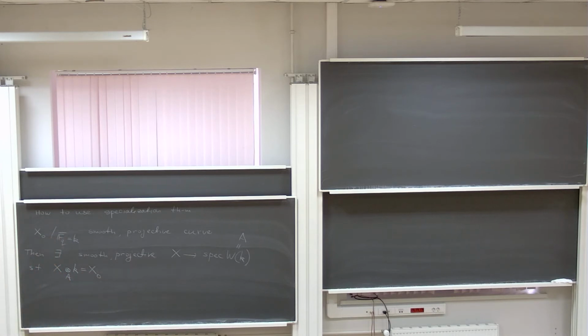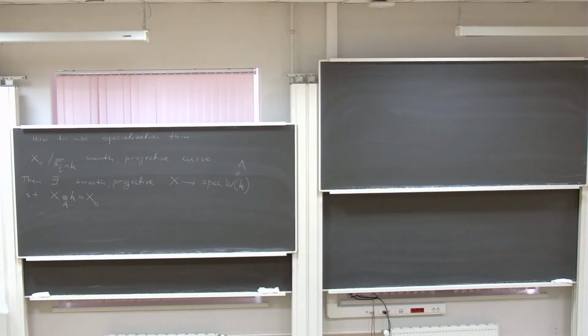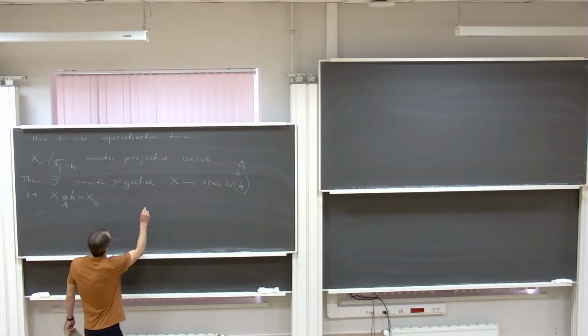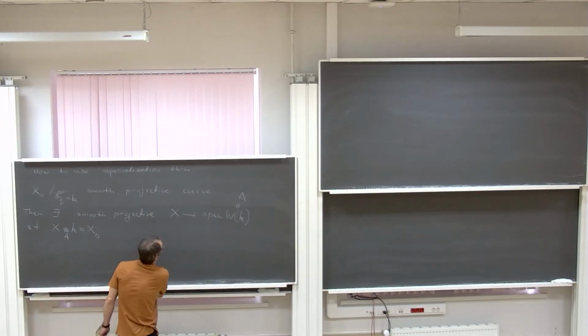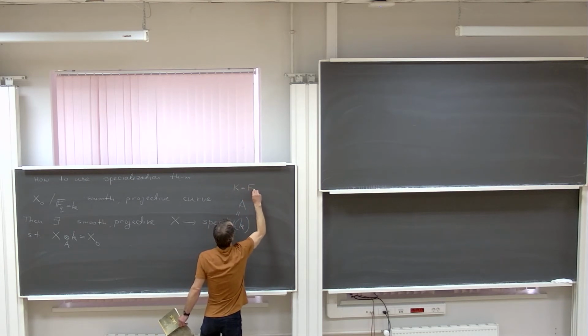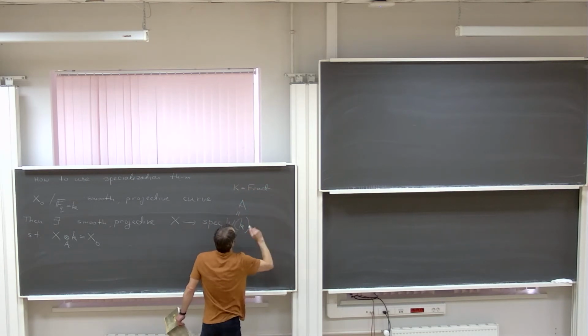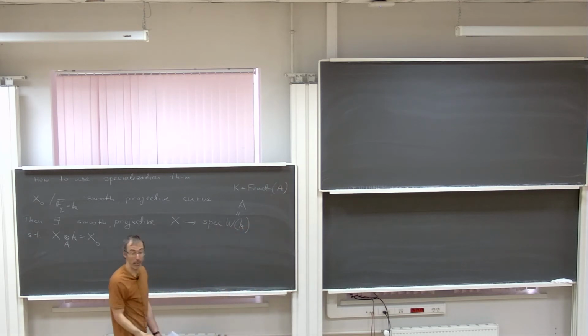And now we are in the situation where we can apply this specialization theorem. So, a bit of another piece of notation. K will be the fraction field of A. So this is the p-adic completion of the maximal unramified extension of Q_p.